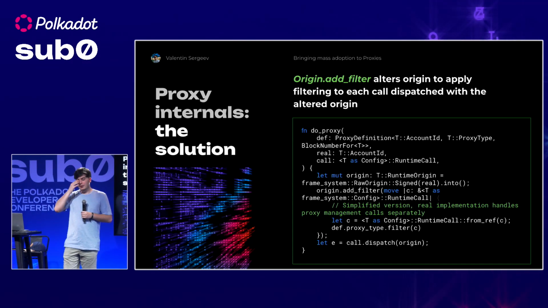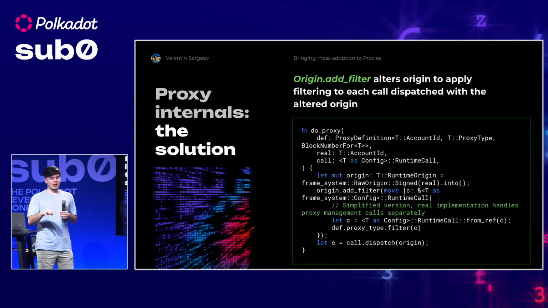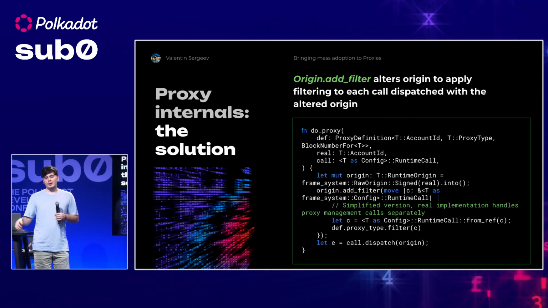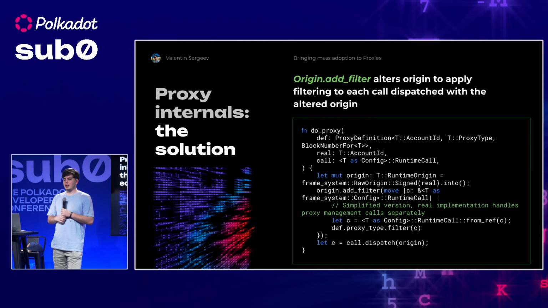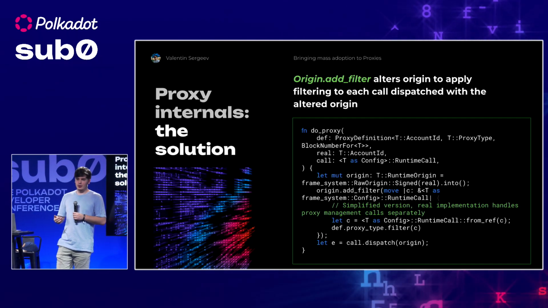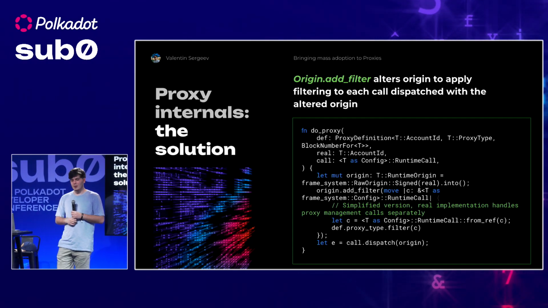In this case, we can add a filter which will check any call dispatched with this origin against a certain Boolean condition. We are basically letting the proxy permission decide how to filter the calls dispatched with this origin.